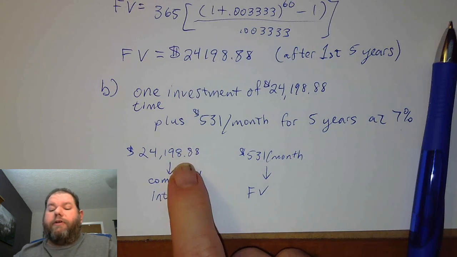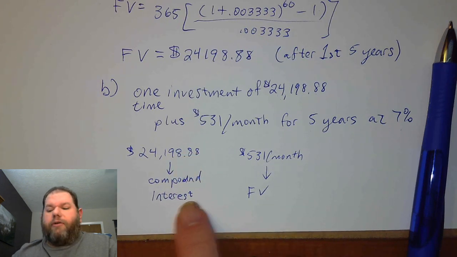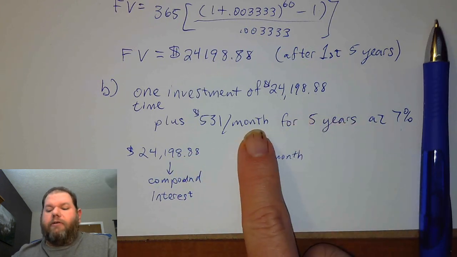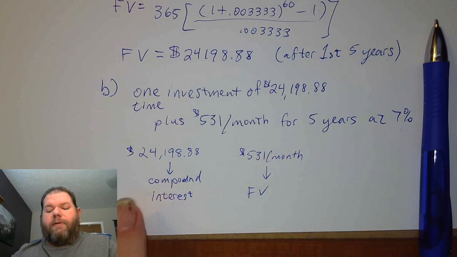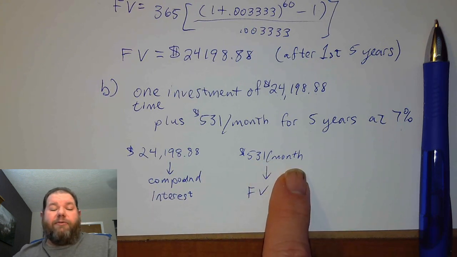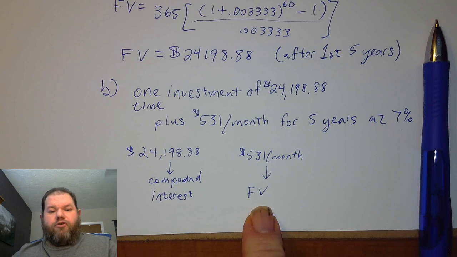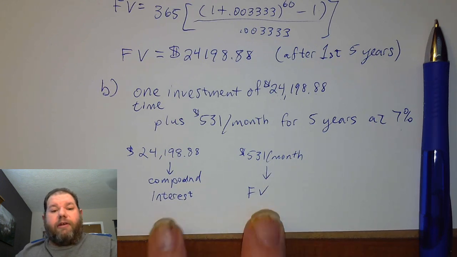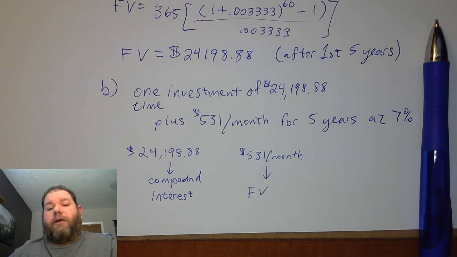Because this is only a one-time investment, and it's just going to keep money according to how the account compounds every month for 5 years at 7%. So that'll just be a regular compound interest problem. Whereas this one, where it's a continuous investment every month of $531, that will be a future value problem. And then we'll do those two separate problems and add those numbers together, and that'll give us the total amount at the end.